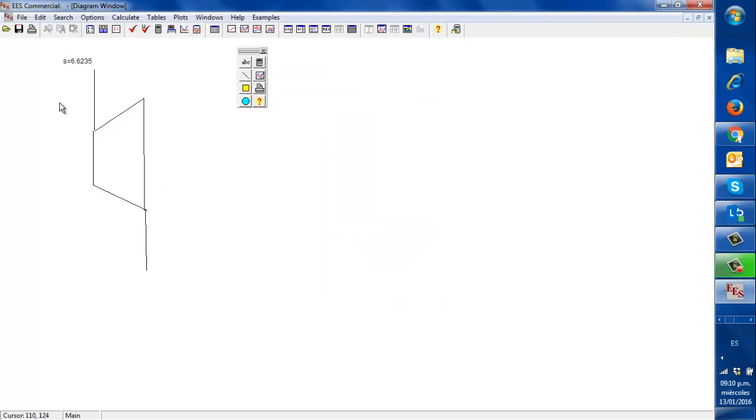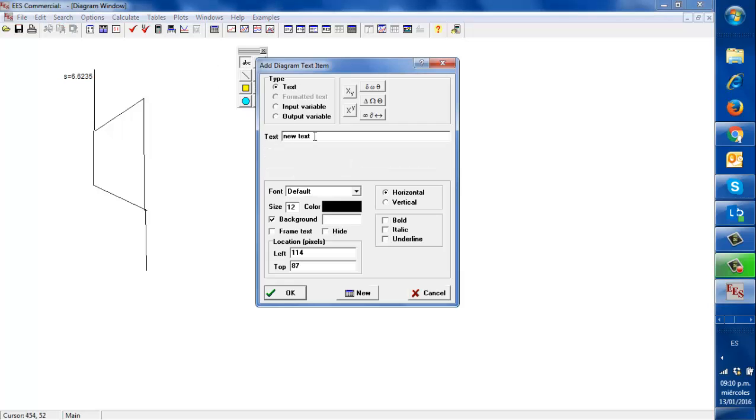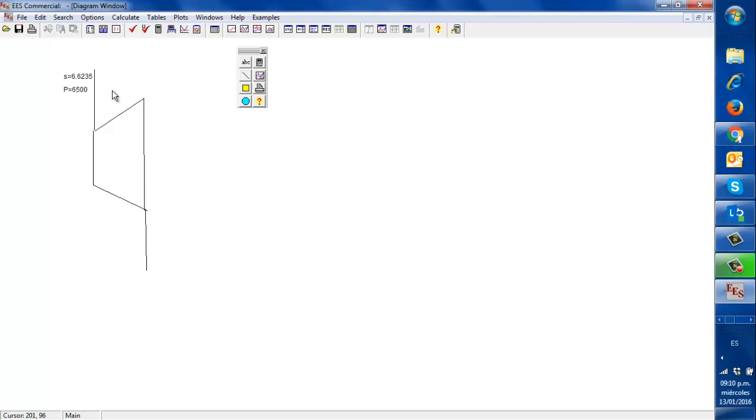Okay, what it says? S is the entropy, and the pressure is 600. Okay, that's the diagram right now.